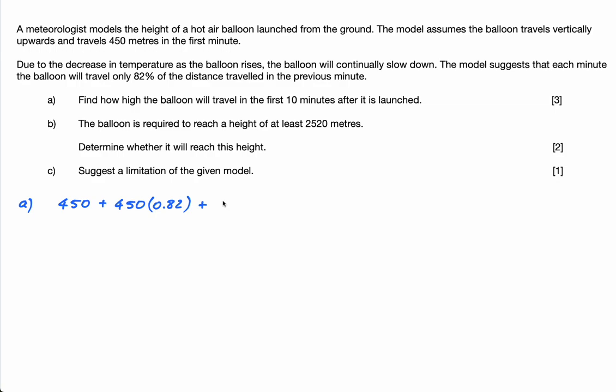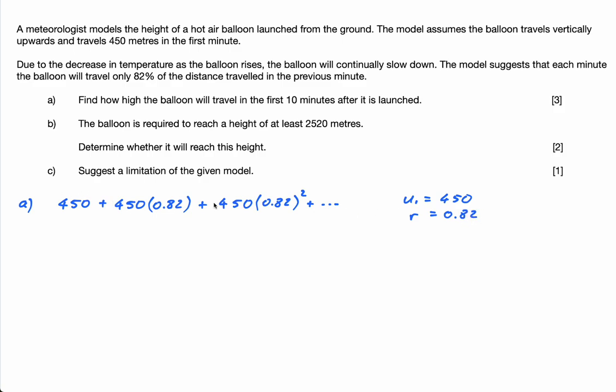In the third minute, it travels 450 times 0.82 squared, because we get 82% of this. And it continues, and this is a geometric sequence with first term 450 and common ratio 0.82.